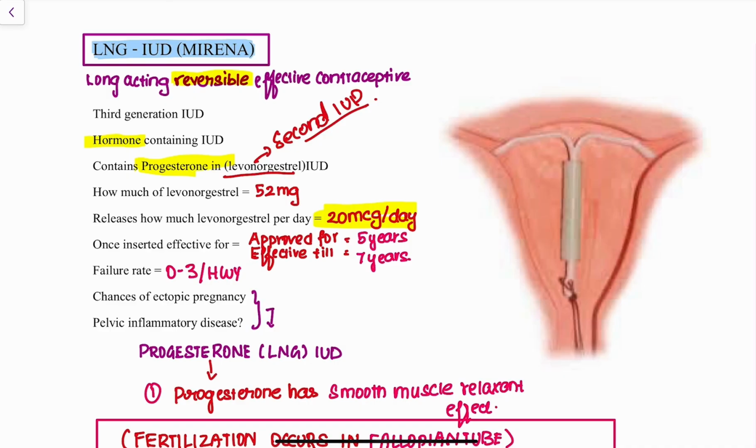Now the next question is how much levonorgestrel is present in this device? About 52 milligrams of levonorgestrel, the second generation progesterone, is present in this device. Once you insert this intrauterine device inside the uterine cavity of the female, it is going to release a certain amount of progesterone every single day.